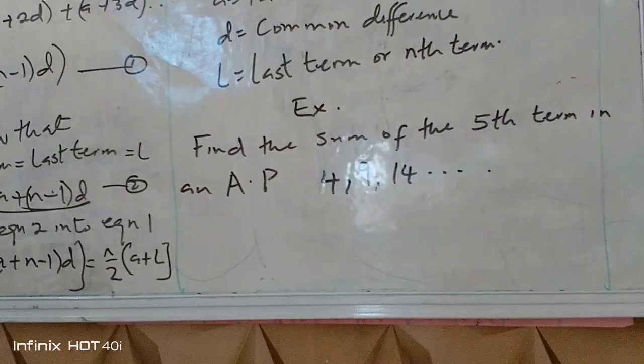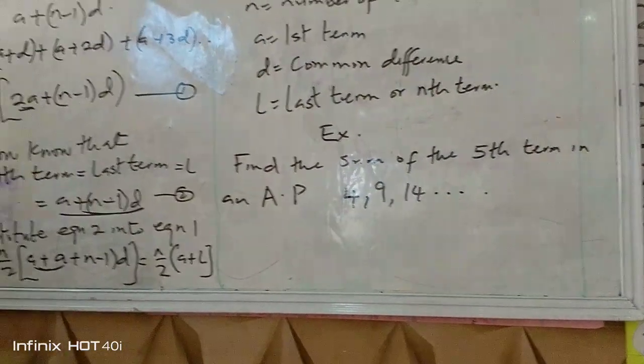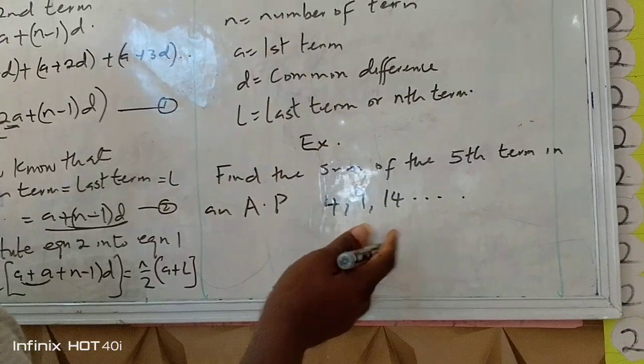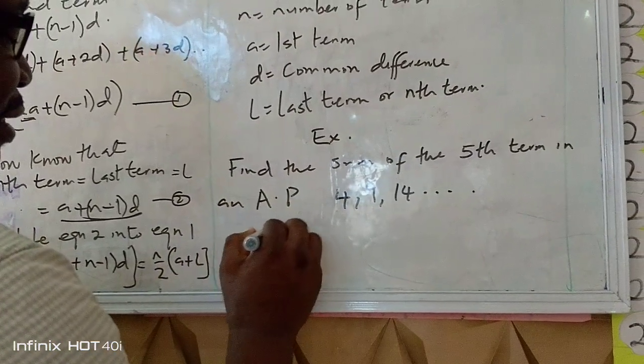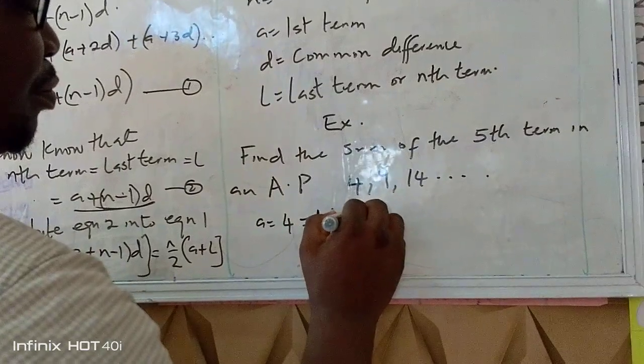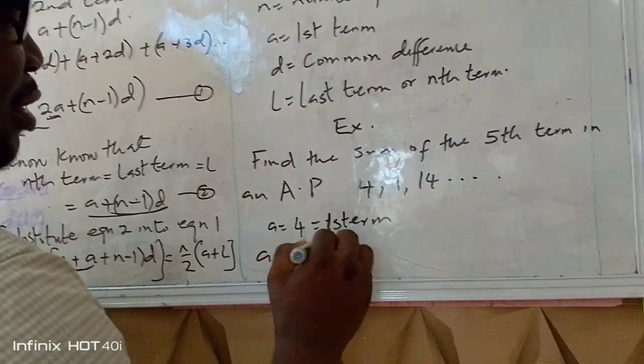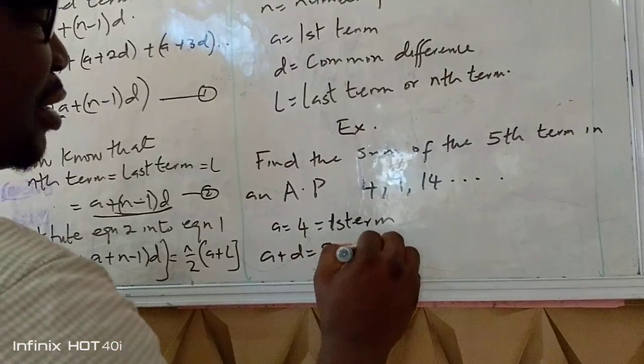So if this is a standard question you are given, say find the sum of the fifth term, then we know that from this expression, a is 4, which is called the first term, and a plus d is 9, which is called the second term.